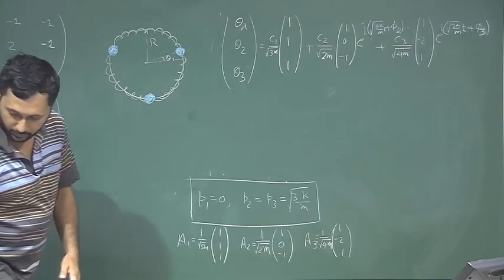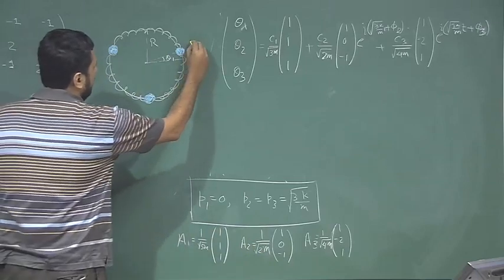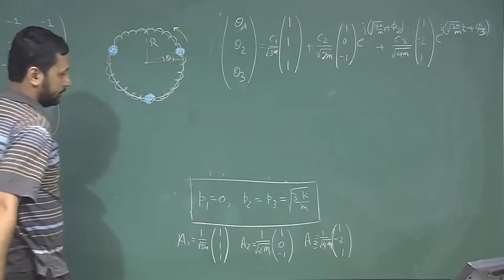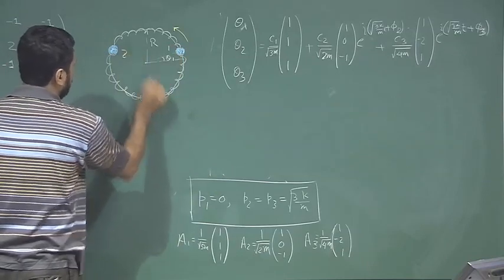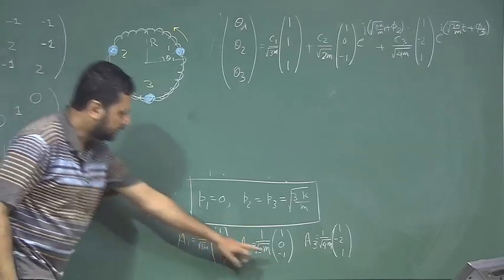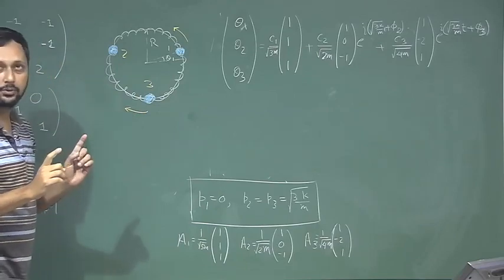Now, for this one, see 1 is going this way. This is 1, 2 and 3. 2 is stationary, 3 is going the other way by equal amplitude.